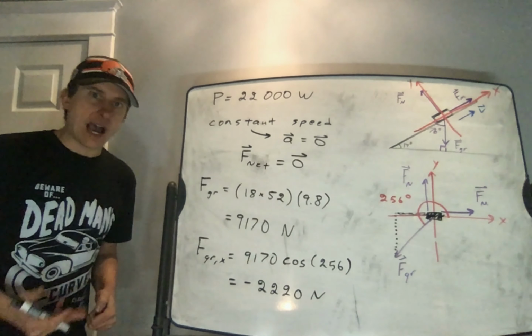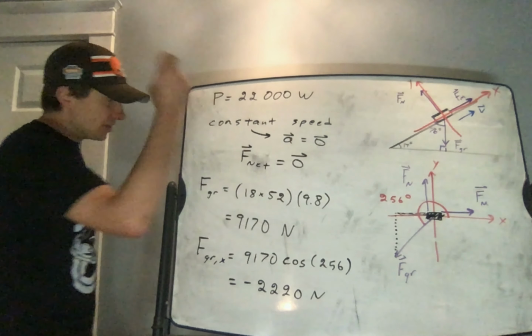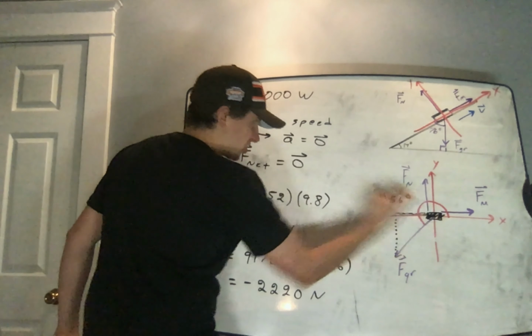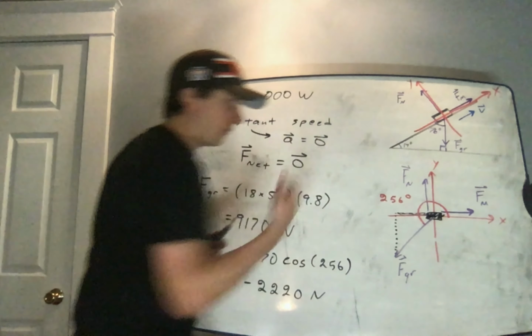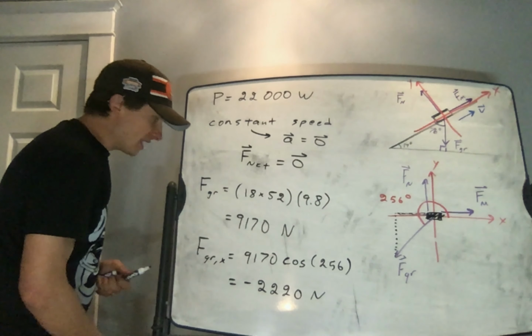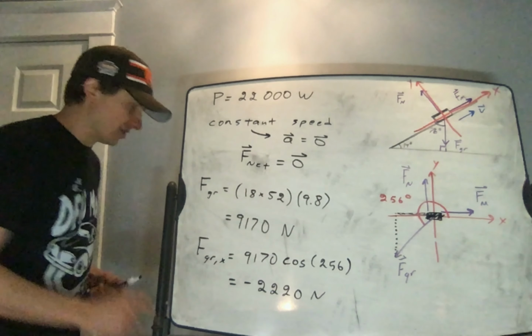Because the skiers are ascending the slope at constant speed, I know the backwards force of gravity is going to be the same as the forward force of the motor. So that means the force of the motor must be positive 2220 newtons.